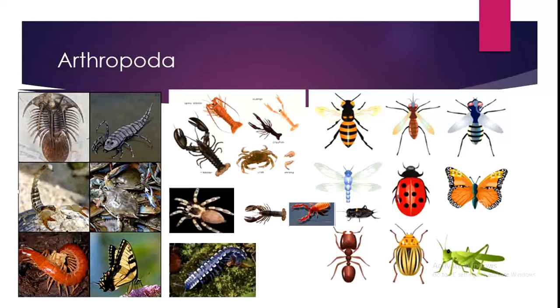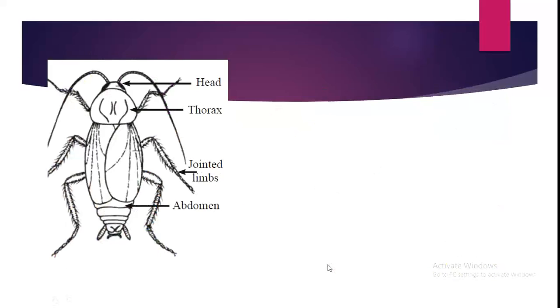The characteristic feature of these is having jointed appendages or limbs. Most suitable term is appendages. Here you can see the jointed appendage. These are connected, joints are there.